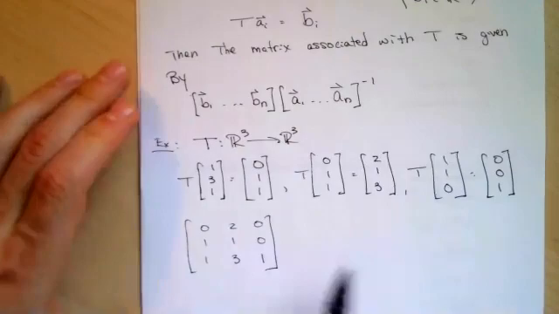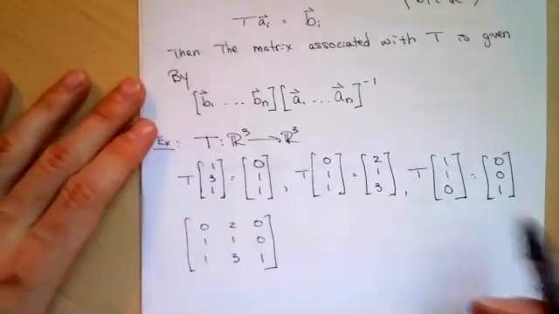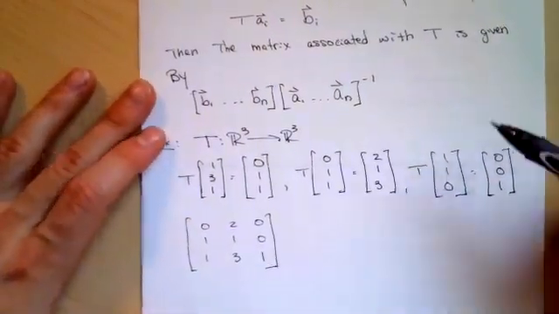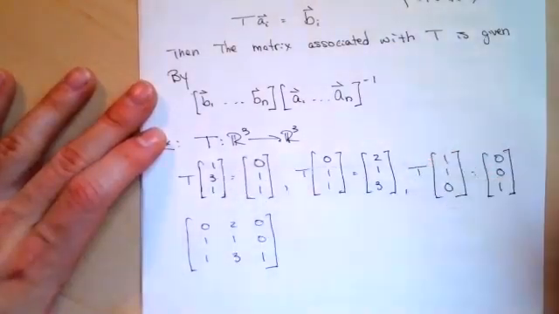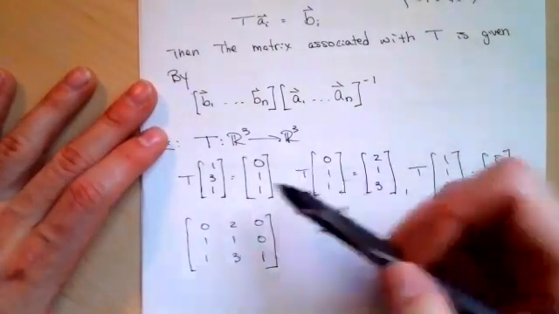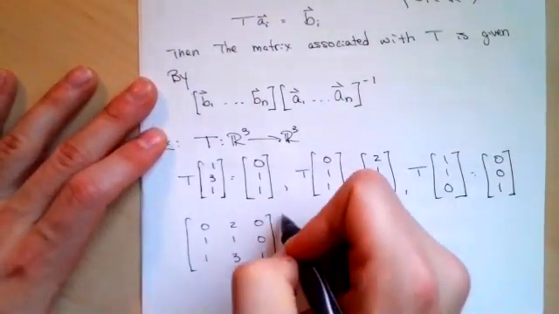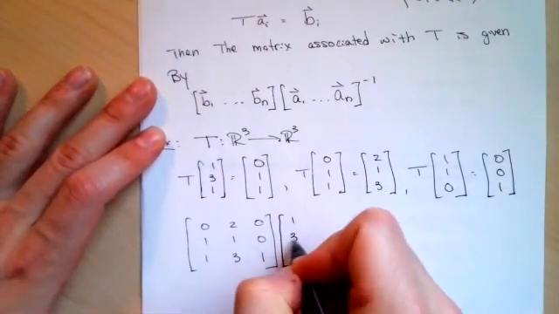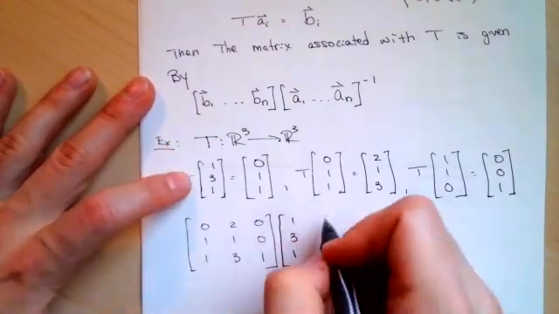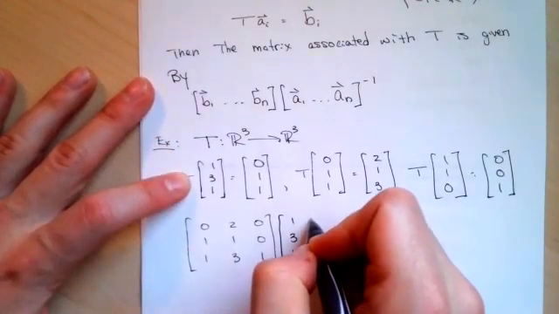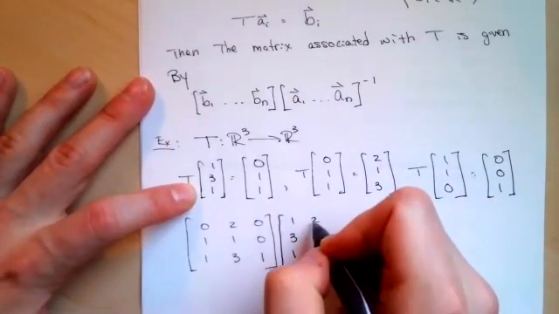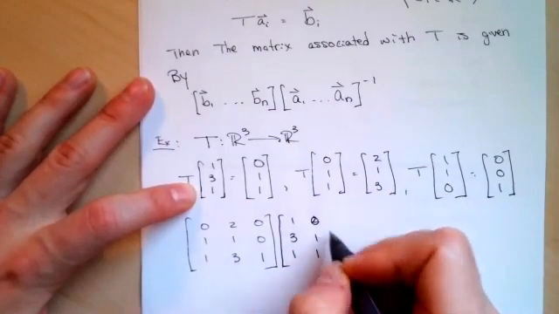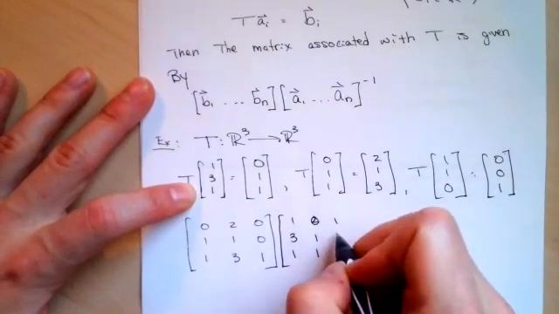The problem is the information of how we got those images is that it didn't come from the image of our standard basis vectors. It came from the image of these other basis vectors. So what we need to do is we kind of want to think of, well, if these other basis vectors that we're acting on, sorry, I was looking at the wrong one, 0, 1, 1, and then 1, 1, 0.